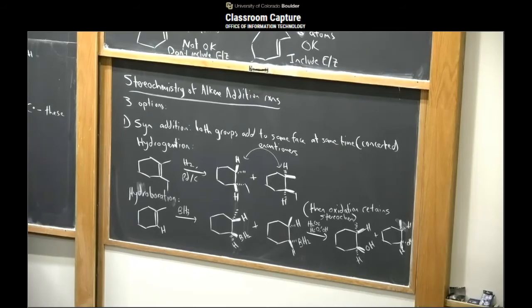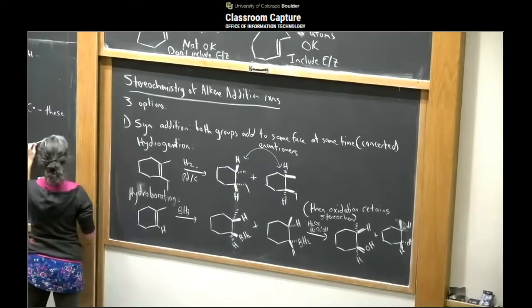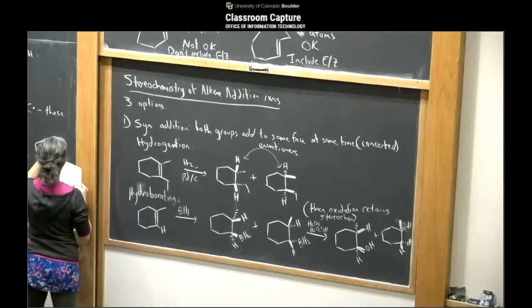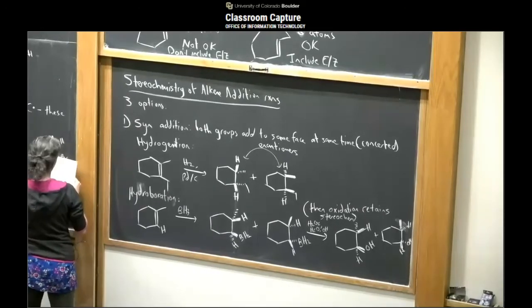Or we could have dashed H and bold Br. Or we could have bold H and bold Br. Or we could have dashed H and dashed Br with a bold methyl.